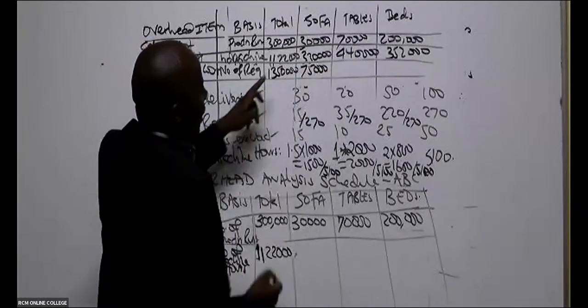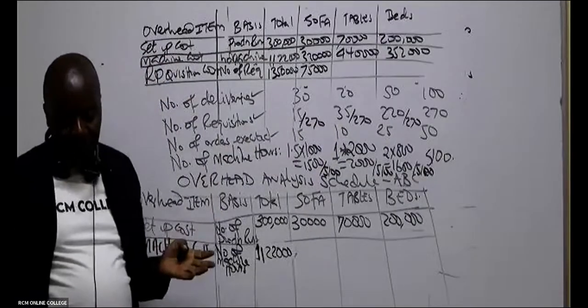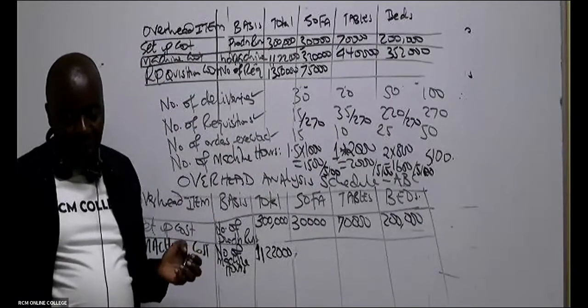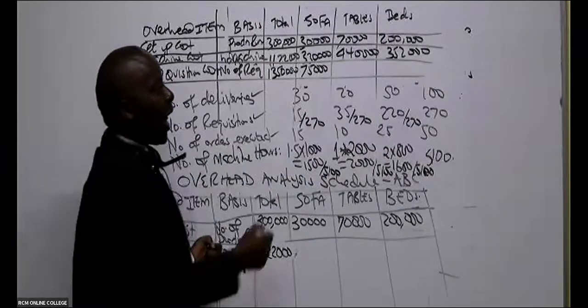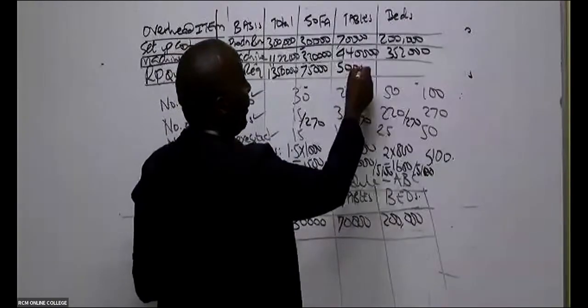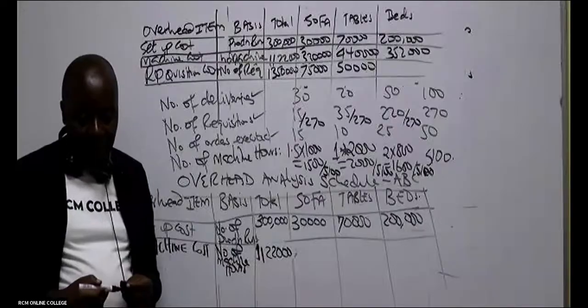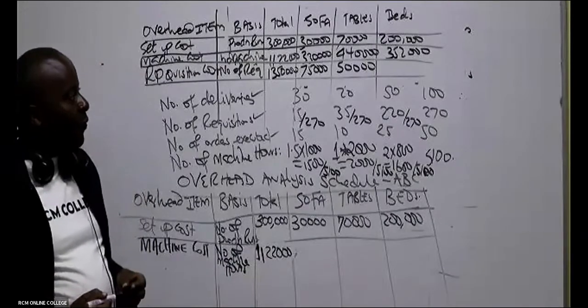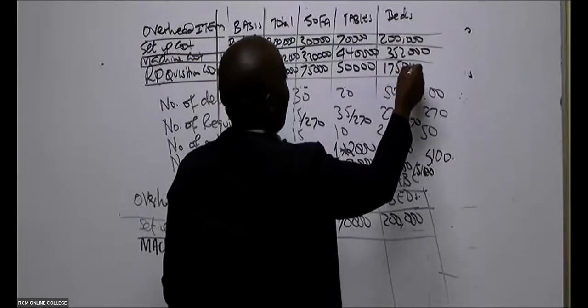And then the same number times this 35 over 270. Same number, 50,000. All right. And then the last one, beds, will be 175,000. Thank you so much.